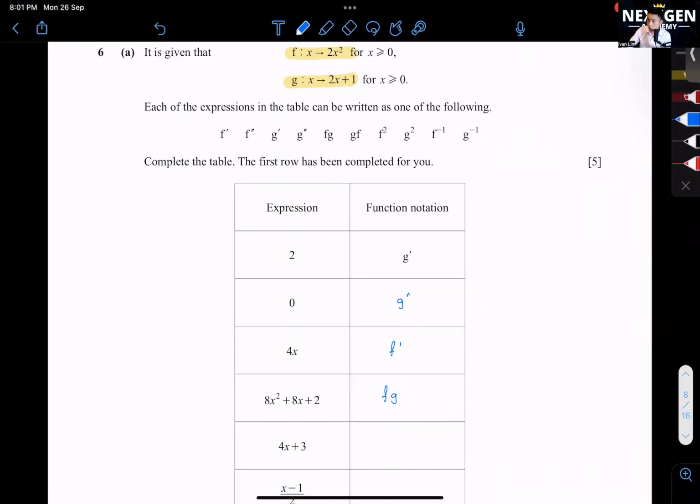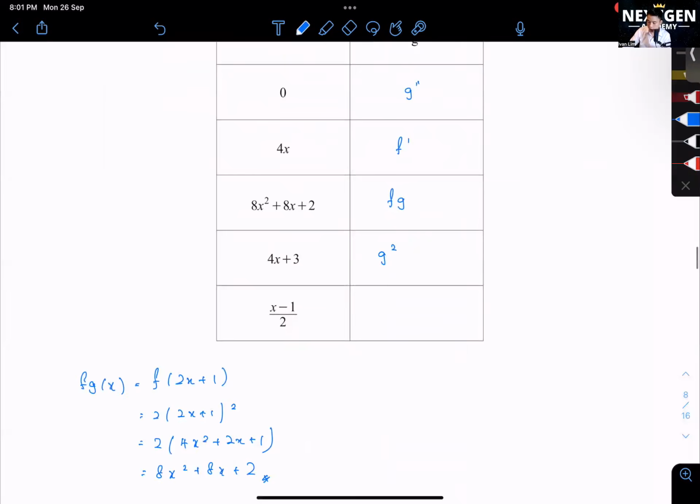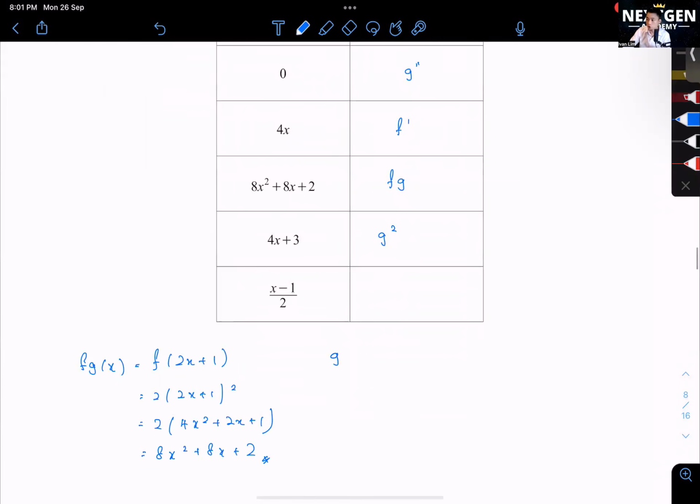You go try g squared. Okay, we won't do trial and error, but the answer will be g squared. So g squared will be g(g(x)) equals g(2x plus 1), which equals 4x plus 2 plus 1, equals 4x plus 3.